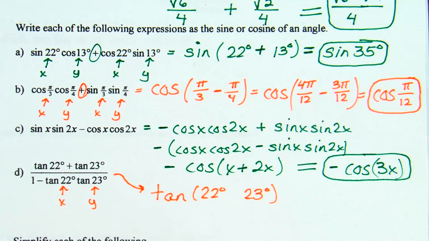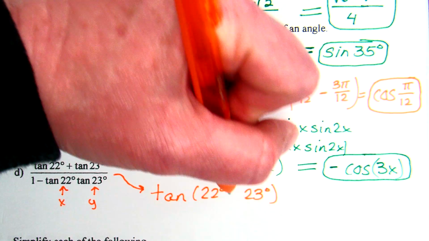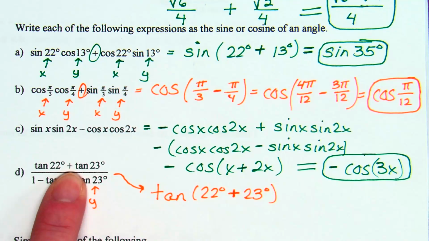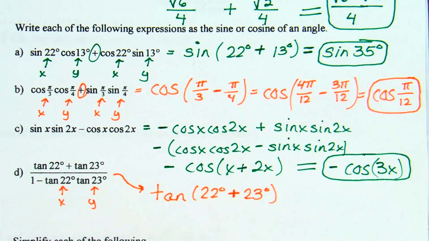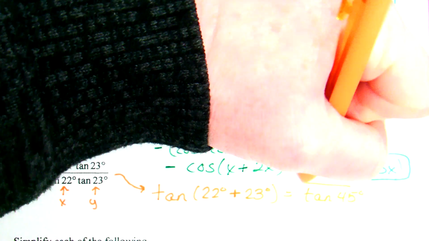So the tangent of 22 degrees and 23 degrees, and you're subtracting. It is adding. If you remember, it was plus minus in the problem and plus minus on top. So you're going with the sign that it uses on top, and it should be the opposite of the sign in the bottom. And what do you know about tangent of 22 plus 23?